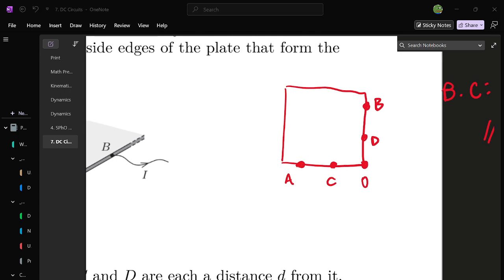So it means that for instance at this point your current density must point like that, and like that sort of thing.